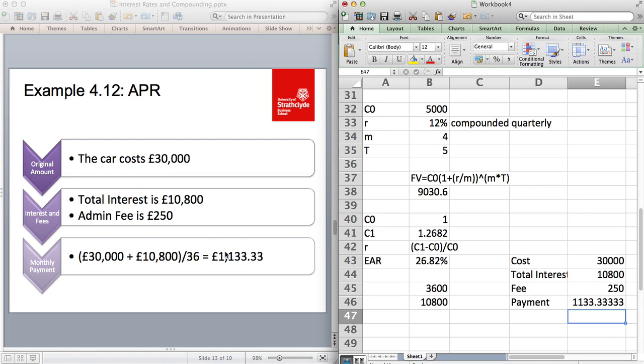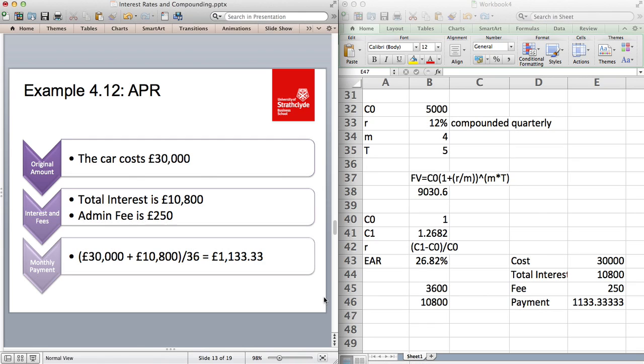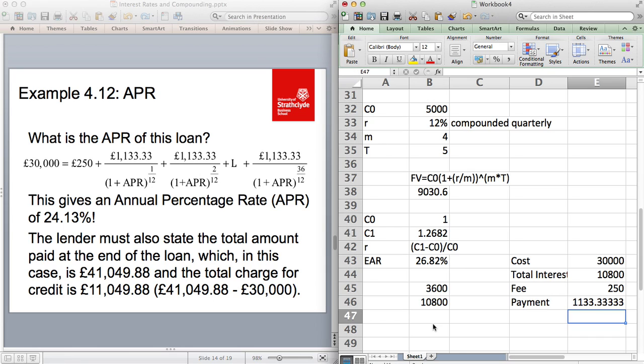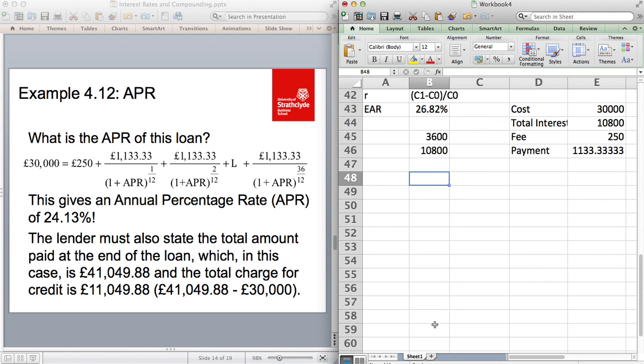That's 1,133. So that's the monthly loan payment. But remember, you've got an admin fee up front. So you're asked, what is the APR of this loan? What we've got to do is set this out like an NPV problem. So we have times 0, 1, 2, all the way up to 36.